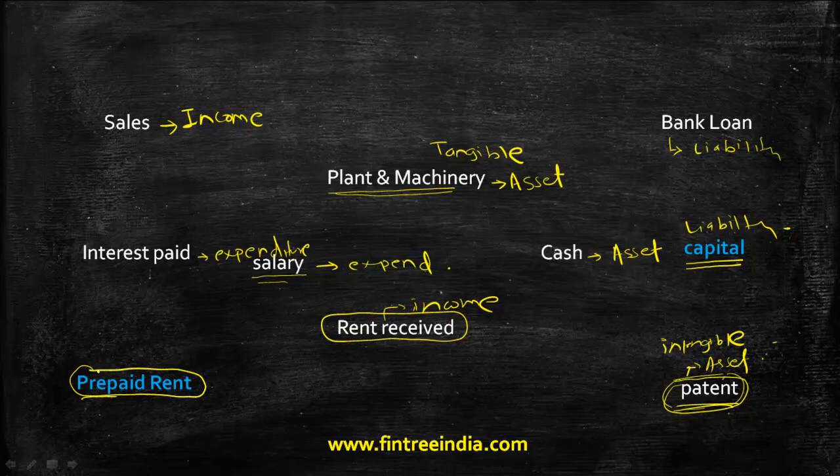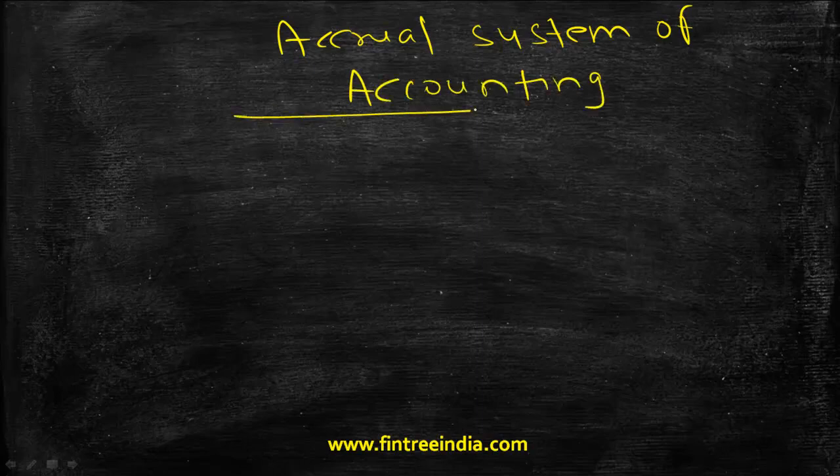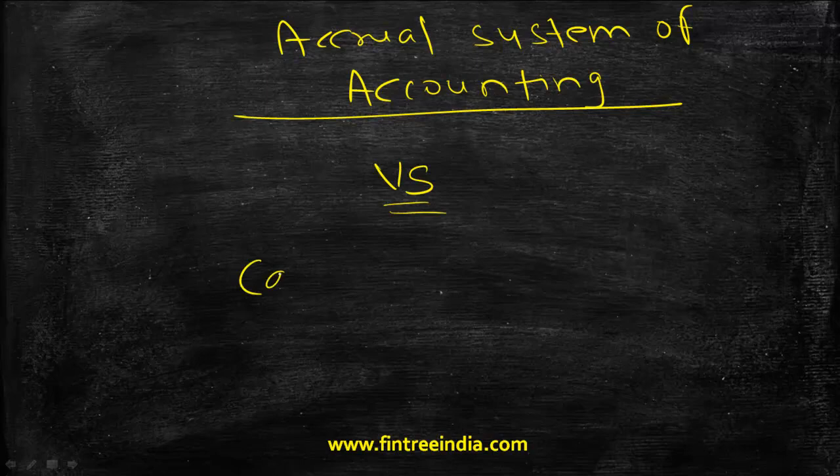To understand the true meaning of prepaid rent, we need to understand a very important background concept called the accrual system of accounting. This is the base on which the modern day accounting system is based. Accrual system of accounting is to be compared with cash system of accounting.